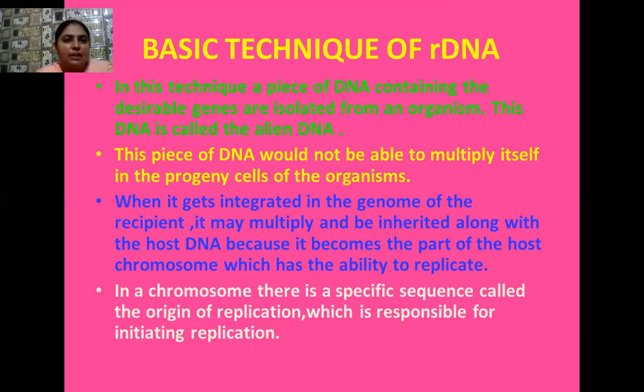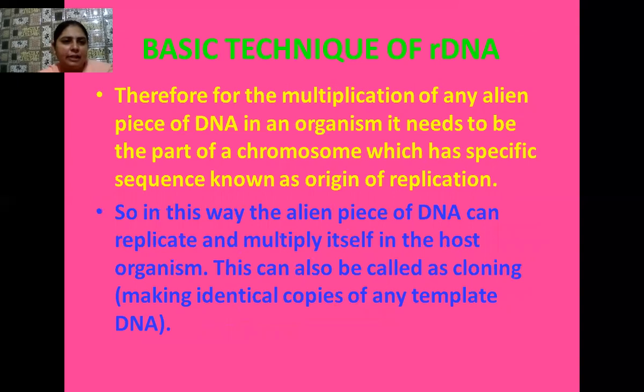If we insert our alien piece of DNA at this site, the origin of replication, then it gets incorporated with the host genome, and as soon as the host genome produces its replica, our gene of interest also gets replicated, and in this way many clones of our gene of interest are produced inside the host organism. So this is the basic criterion adopted in the technique of recombinant DNA.